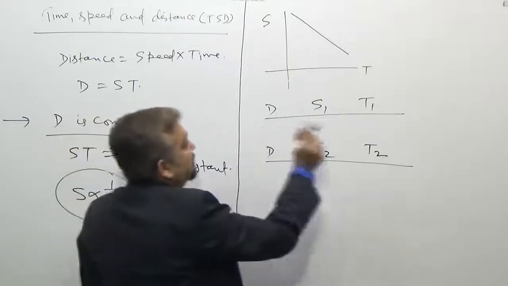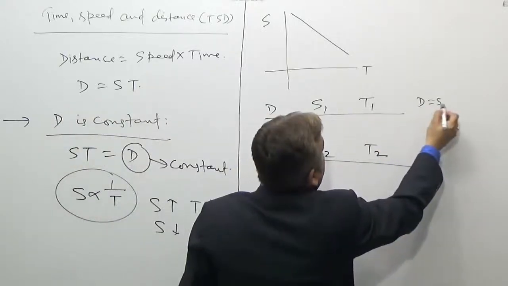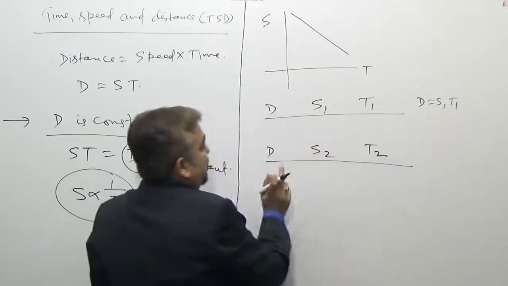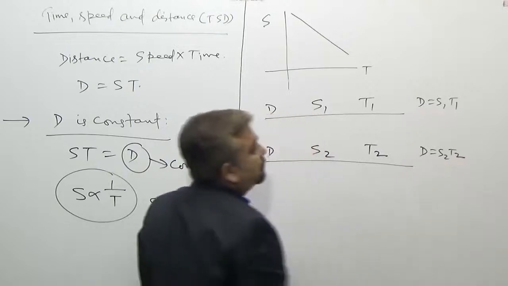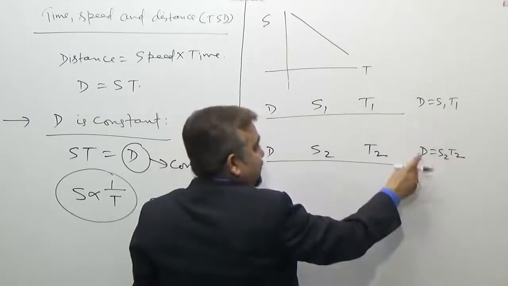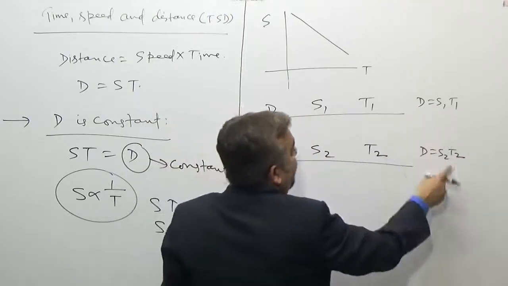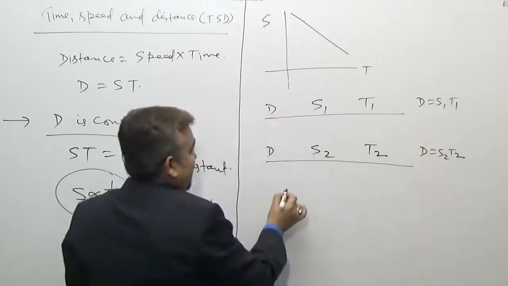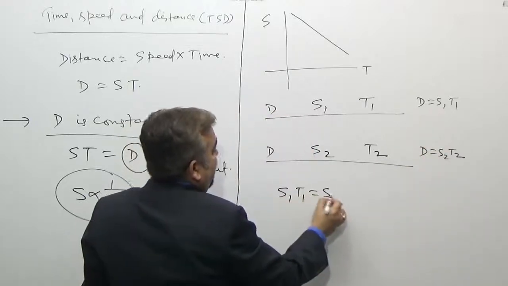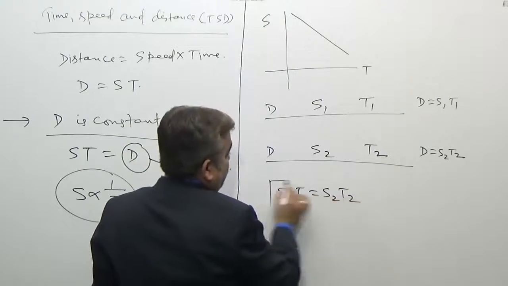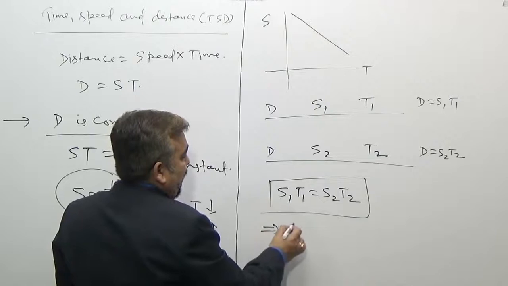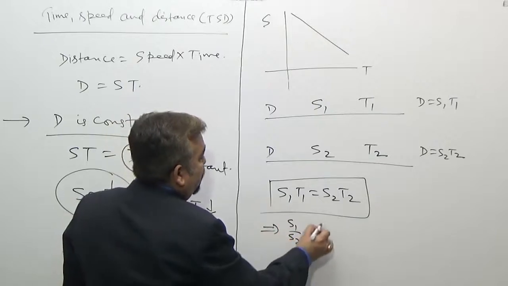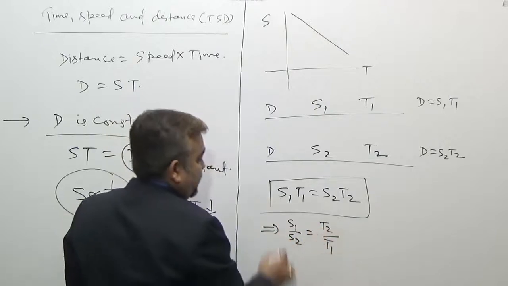In this case, the equation is d equal to s1 t1. In this case, the equation is d equal to s2 t2. Left hand side same, so right hand side will also be same. That is s1 t1 equal to s2 t2. Or from here you have s1 by s2 equal to t2 by t1.